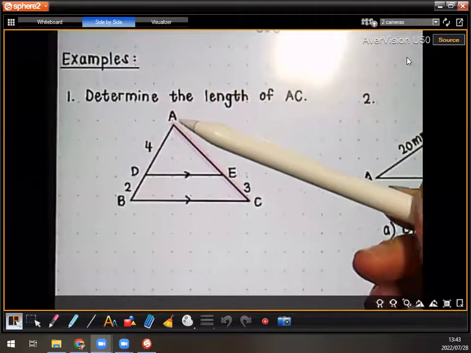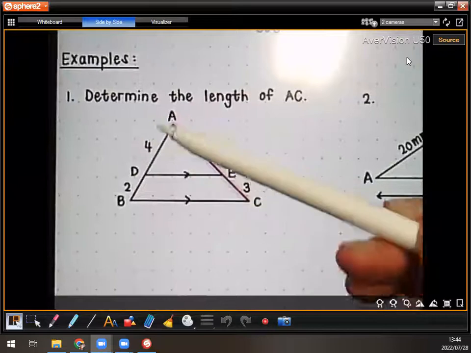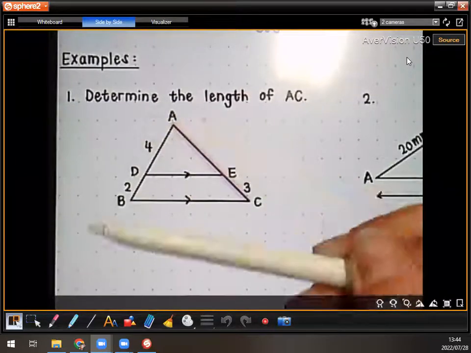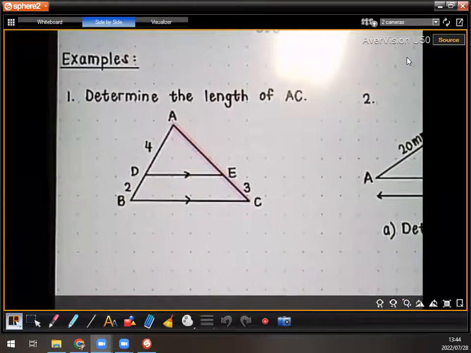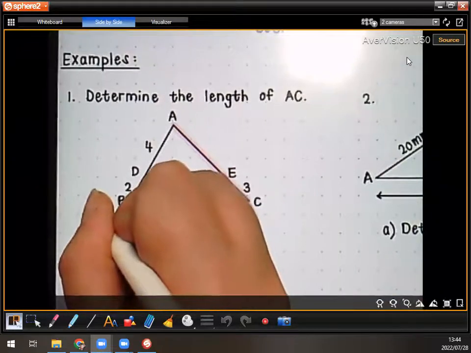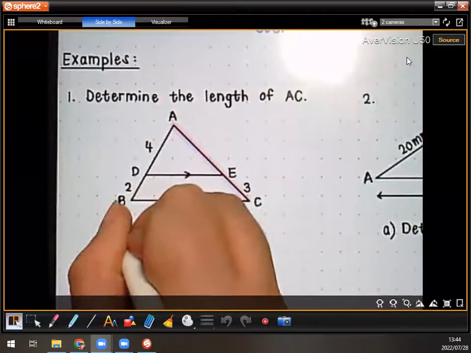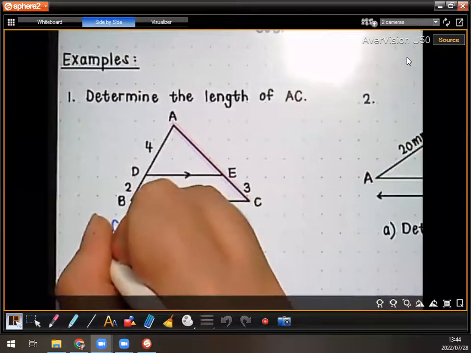So what side are we trying to find? AC, which is the whole side, right? Do I have the whole side on this side? Yes, 6. Okay. Then do I have another pair of like parts of sides that's the same proportion? I have the bottom part and the bottom part there. So I can say, take the whole side AC over the bottom part CE.